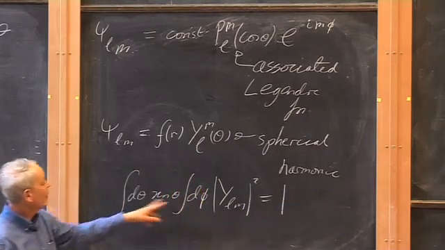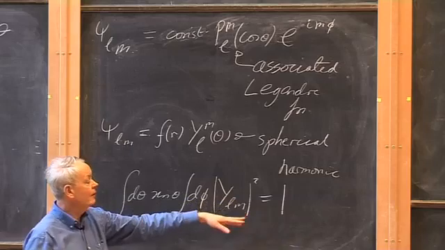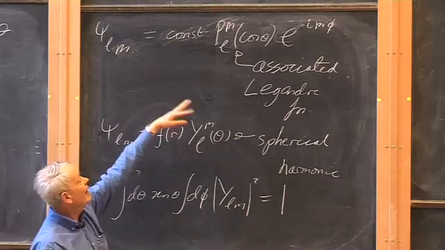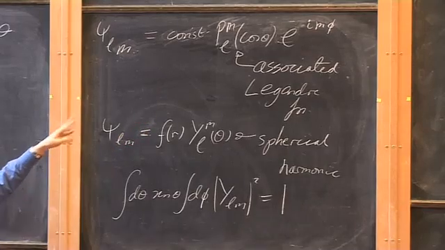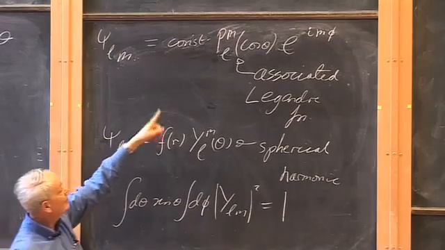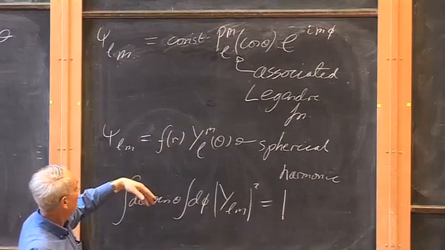So the YLMs are correctly normalized, so if you mod square them and integrate them over the sphere, they come to 1. The PLMs have a daft normalization, and that's why I don't think you should bother with PLMs. They're just stupid functions. Historically, they've been defined in a bad way.